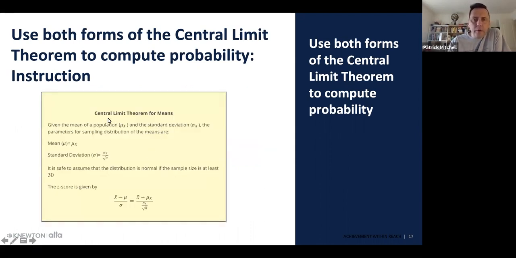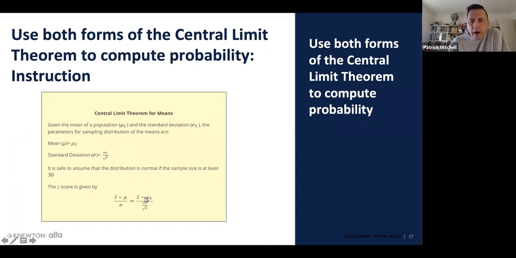Okay, so if we're using central limit theorem for means, we just have to remember that the mean of that sampling distribution is the same as the original distribution. However, the standard deviation is now sigma divided by the square root of n. Okay, so when you go to calculate your z-score, well, this looks like the formula from chapter 6, except for the x bar.